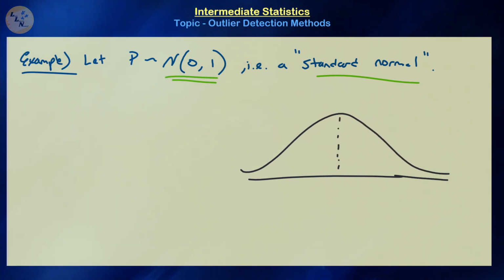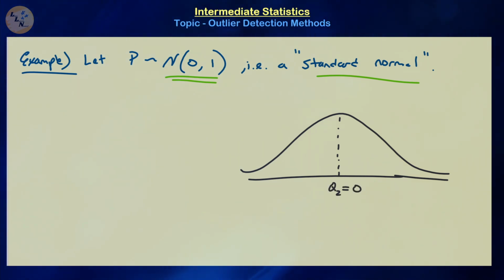Our quartiles split our data set into 4 regions, each of exactly the same size. The median, sometimes called the center quartile, is equal to 0 by definition of the standard normal distribution, because it is symmetric about the mean, which is of course the median if it truly is symmetric. Now we're going to look for the inner quartiles, Q1 and Q3.